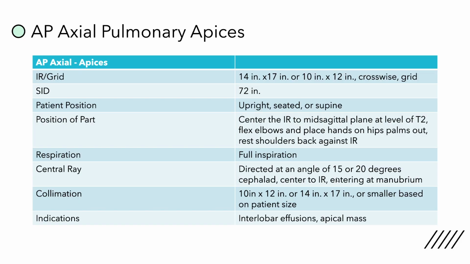And this time the central ray is going to have a tube tilt. So this is the first time that we're going to have a tube tilt. When we're using a digital machine like we have in the lab room, something that is different is that generally on machines that aren't digital, you have to accommodate the SID for that tube tilt because it's going to change the physics of it a little bit.